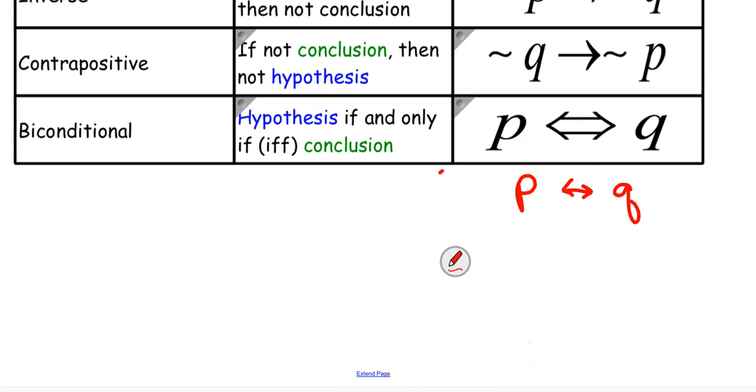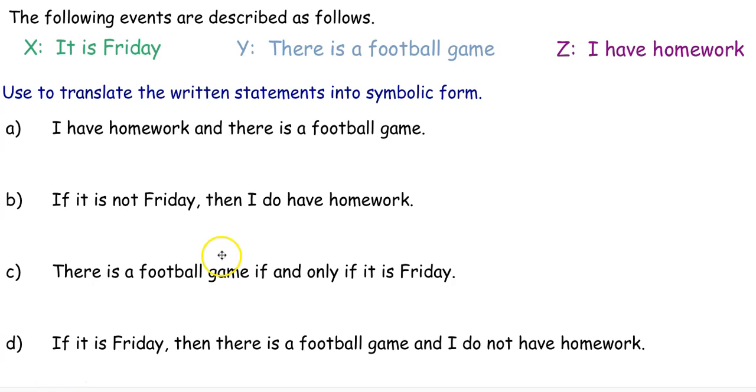So let's take an example or start looking at times where we could use our symbolic notation. It just shortens everything for us. So if I say X represents it is Friday, Y represents there is a football game, and Z represents I have homework, then I would say I have homework and there is a football game.